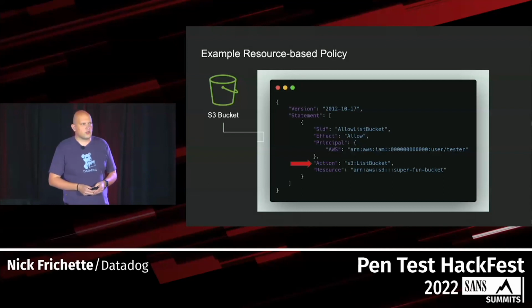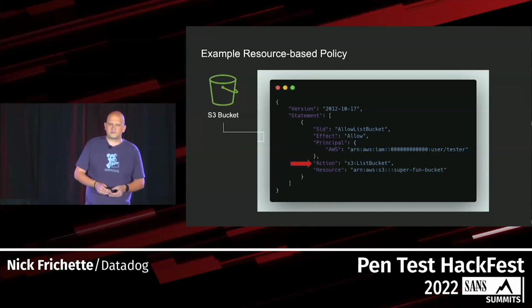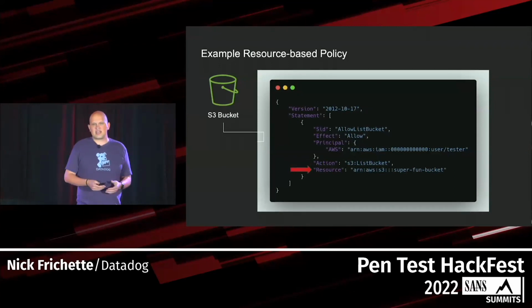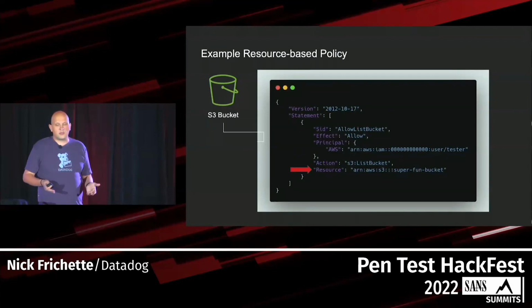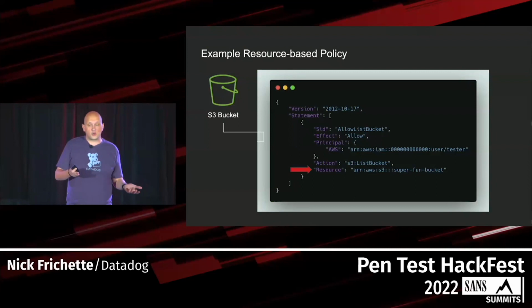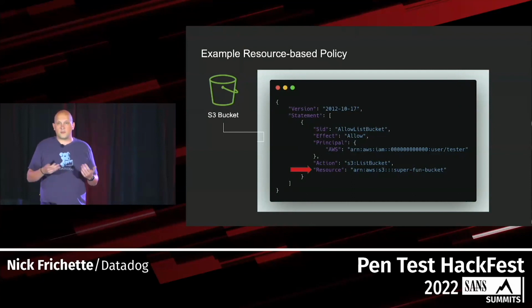And we'll see a real-world example of that in just a little bit. And finally, we have the resource, the thing the policy is attached to. If we were to take all of that and actually read this policy, what it would say is that this policy allows the user tester to perform the action S3 list bucket on the resource superfun bucket.